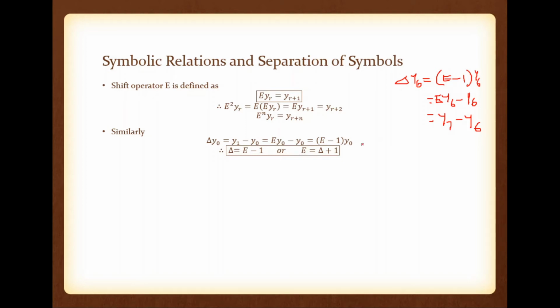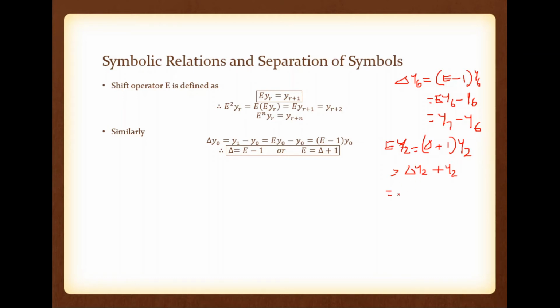Okay. Similarly, this is also important: E is equal to delta plus 1. So if you are asking what is E Y2, then multiply delta plus 1 with Y2. Both sides multiply with Y2. So we have delta Y2 plus Y2. What is delta Y2?